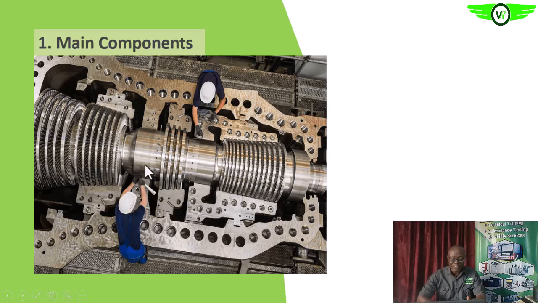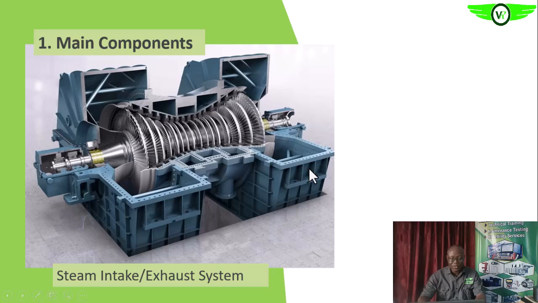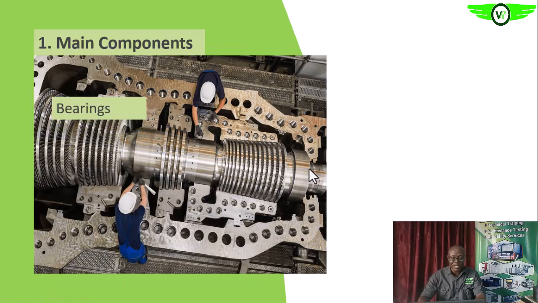You see how these journals are supported by bearings, apart from the end bearings. Are we getting it? The function of the bearing is also to ease the rotation of this rotor. This is the rotor now, around the casing. This is the casing, the stationary part of the steam turbine, and the bearing also supports the weight of the rotor itself.